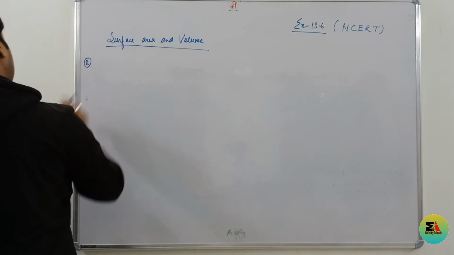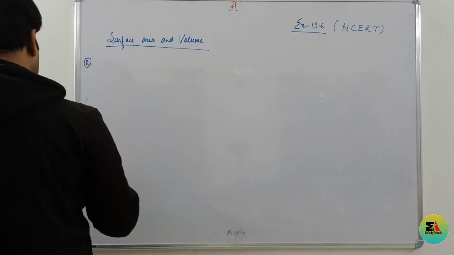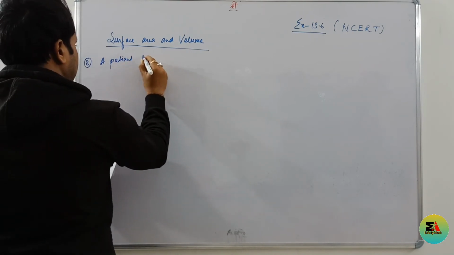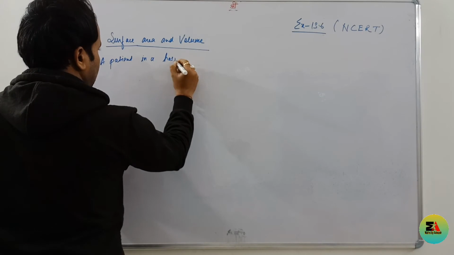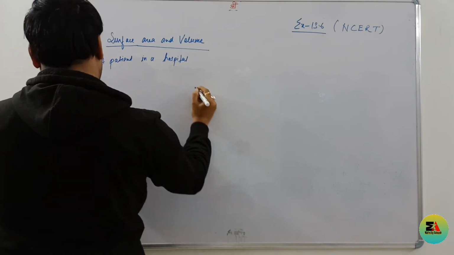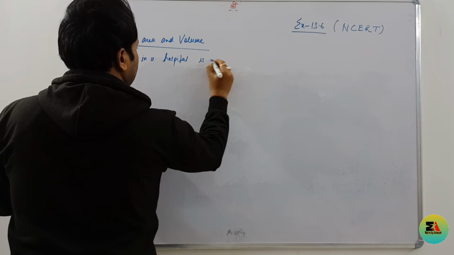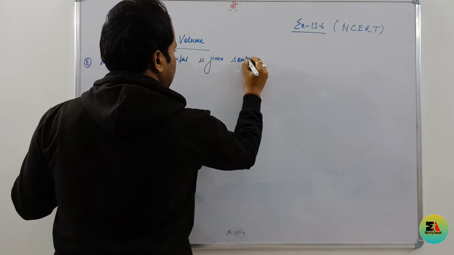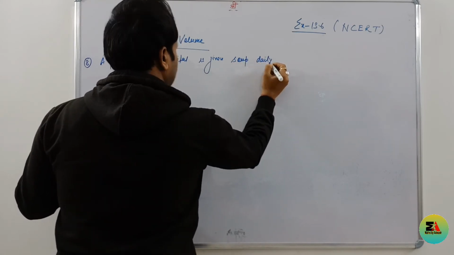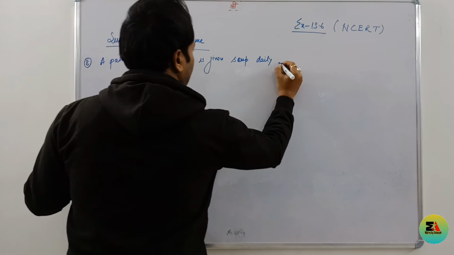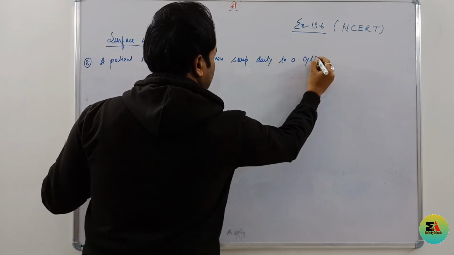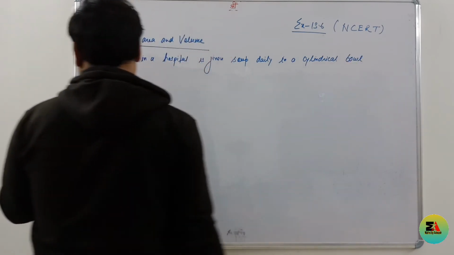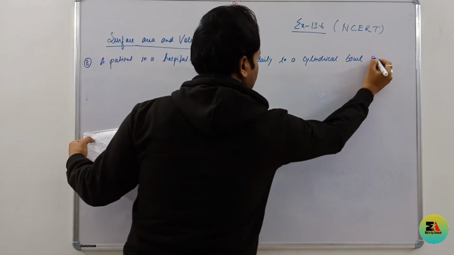Now we have question number 8. What question is said? A patient in a hospital is given soup daily in a cylindrical bowl of diameter 7 cm.